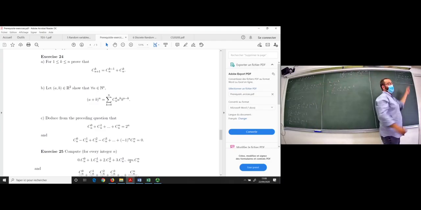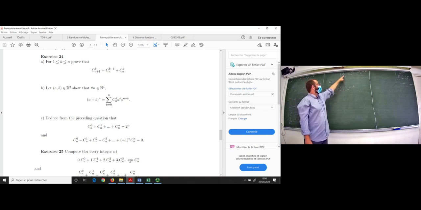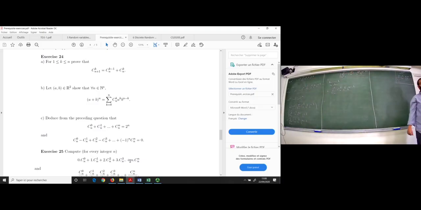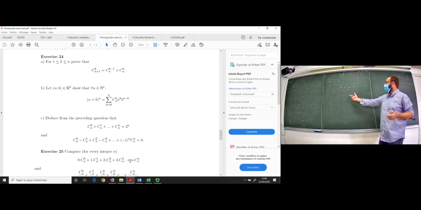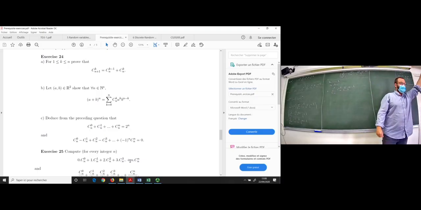Now we are going to regroup the two sums. But when I want to regroup them, I have to be careful of the bounds in the summation. Here I have a sum from k equal to 0 to n. Here a sum from k equal to 1 to n plus 1. If I want to regroup them, the sum has to be over the same set of indexation. What they have in common is k from 1 to n.